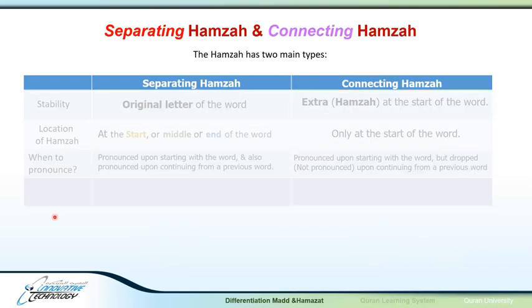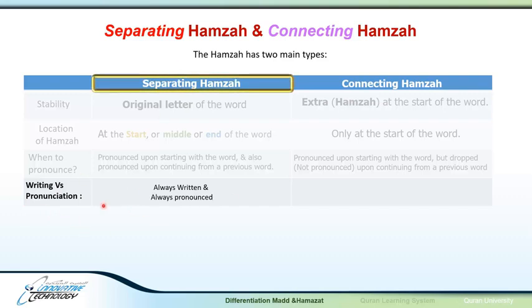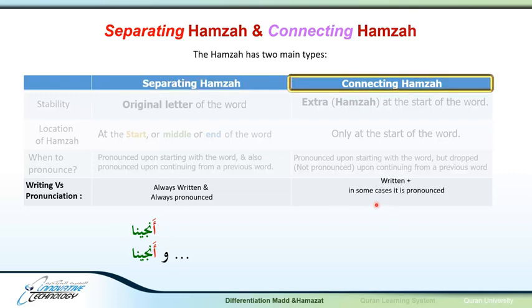The fourth differentiation point is related to comparing writing versus pronunciation. In terms of the separating hamza, it's always written and always pronounced. We always have anjayna, whether at the beginning, or wa anjayna, when it is continuing. Both are written. You can see the hamza is written clearly and both are pronounced. Now, in the case of the connecting hamza, the writing in the script happens all the time: ista'inu in the Quran, wasta'inu here, whether we're starting with it or using it in continuum.